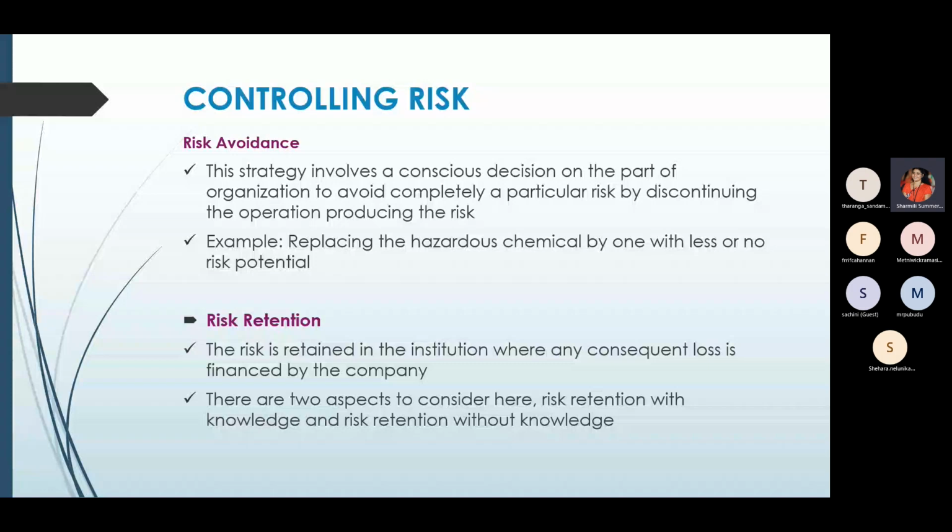So it is risk avoidance. Example, replacing the hazardous chemical by one with less or no risk potential. If you find out that the chemical being used is very hazardous, then stop the usage of it and replace it with a non-hazardous or less hazardous one. So by stopping the use of that chemical, we are avoiding the occurrence of the risk. It is one.